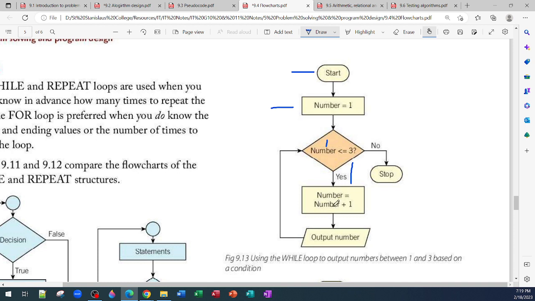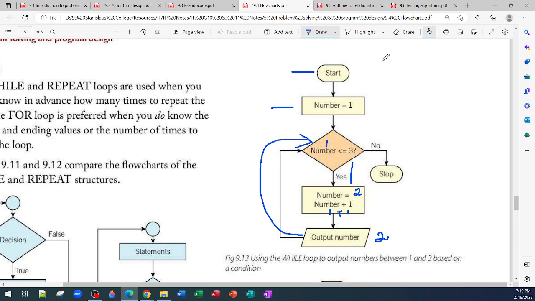Next we have to add 1 plus 1. That's going to be 2. So we output that number 2. And then we go back up here because we have to follow the line. So the fact that we are repeating this step is an indication we are running a loop. There is no keyword here saying repeat loop, while loop, for loop. But the fact that the line takes us back to a previous step indicates that it is a loop.